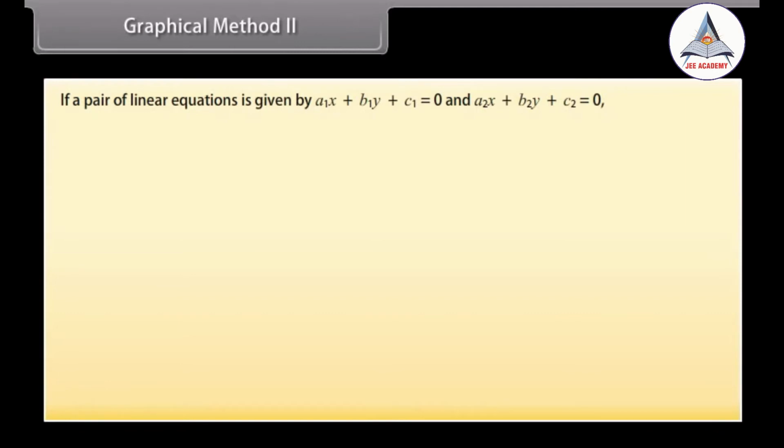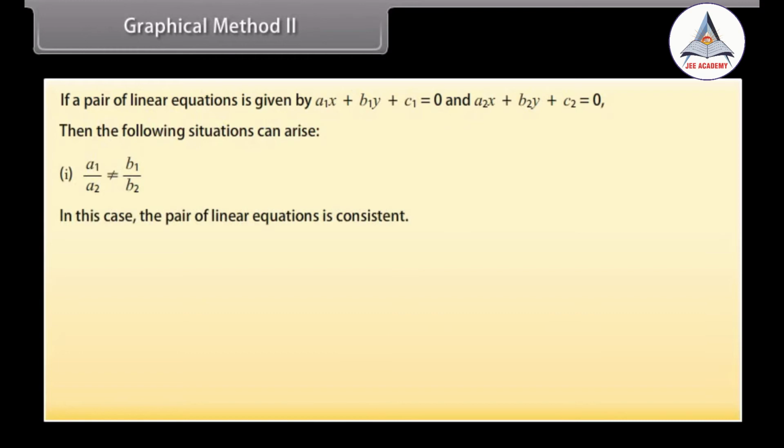Graphical Method 2. If a pair of linear equations is given by a1x plus b1y plus c1 is equal to 0 and a2x plus b2y plus c2 is equal to 0, then the following situations can arise. 1. a1 upon a2 is not equal to b1 upon b2.